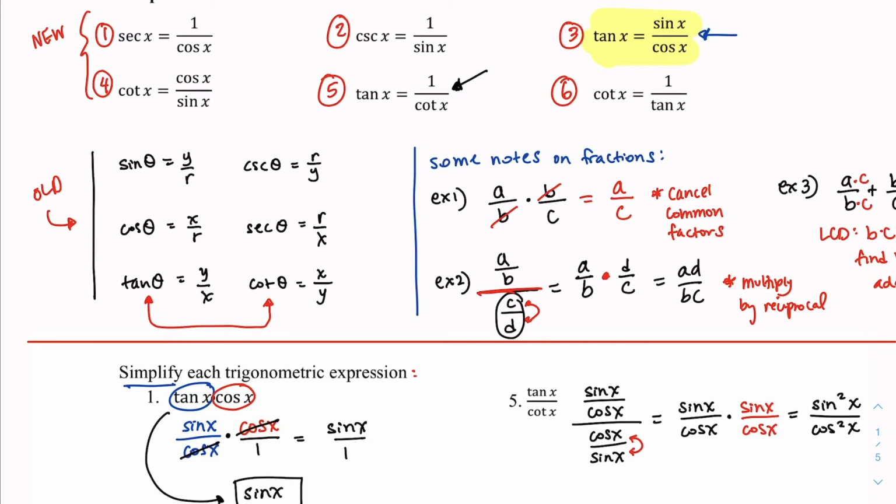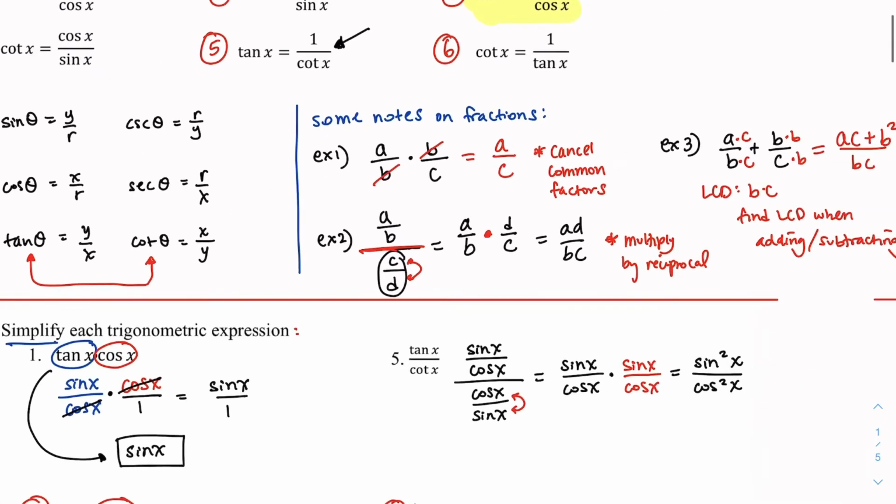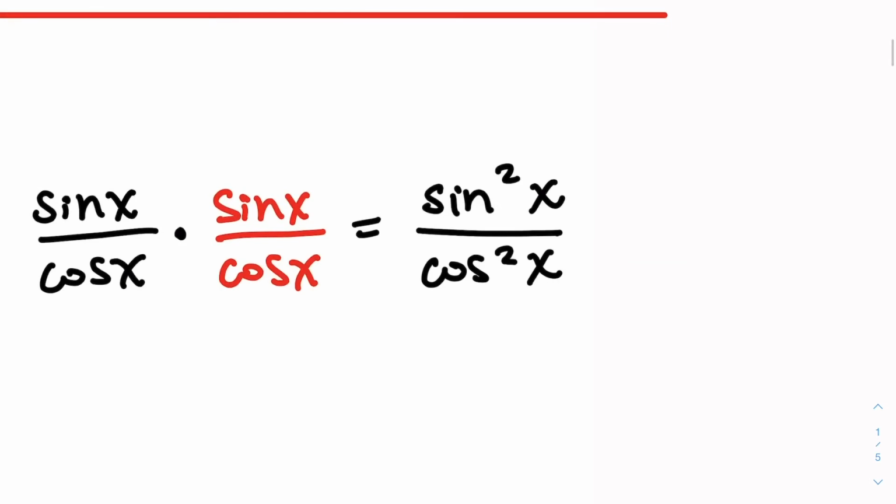But notice the difference. In our problem, we have both the numerator and the denominator being squared. So that means that our answer is actually going to be, instead of tangent, tangent squared x. This only works if both the numerator and the denominator are squared. Now here's the real mathematical reason why.